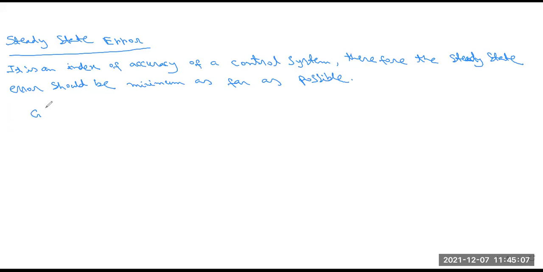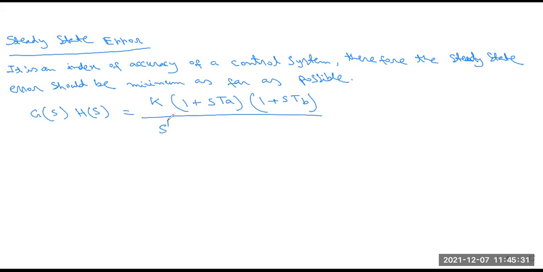We know that G(s)H(s) equals K into (1 + sTA) into (1 + sTB) dot dot dot, divided by s to the power n into (1 + sT1) into (1 + sT2) dot dot dot. These are basically the different order of systems.